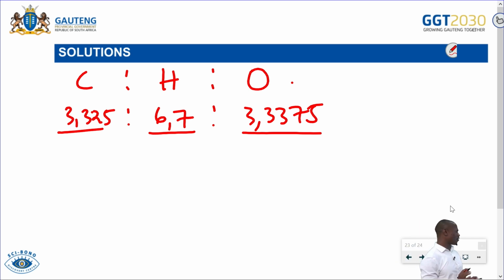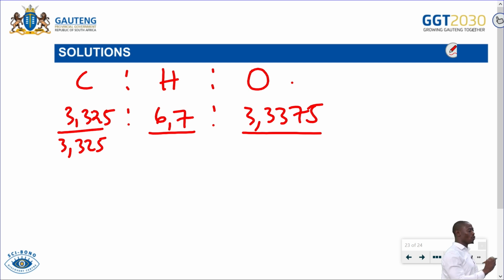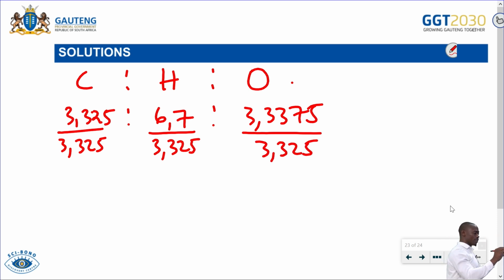So the smallest number of moles here, 3.325 and 3.3375. So 3.325 is the smallest. So the number of moles of carbon is the smallest here, because this one is 3.325, but this one is 3.3375. So divide by 3.325, the smallest number of moles. Even here it is 3.325. So here it will be 1.